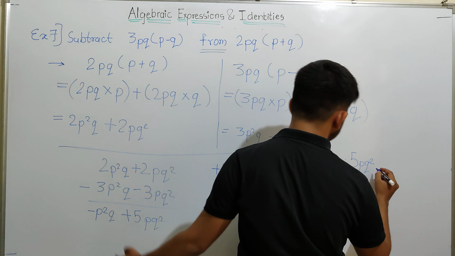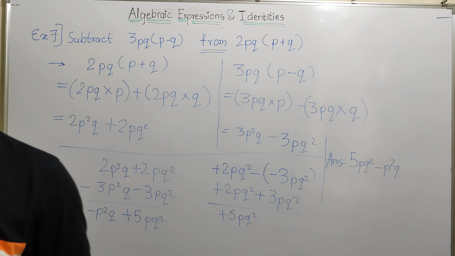It is 5pq², not 5p²q. So what is the answer? See, we'll verify. Minus p²q plus 5pq², and the same I have written like this. So this was the solved example, the 7th one.